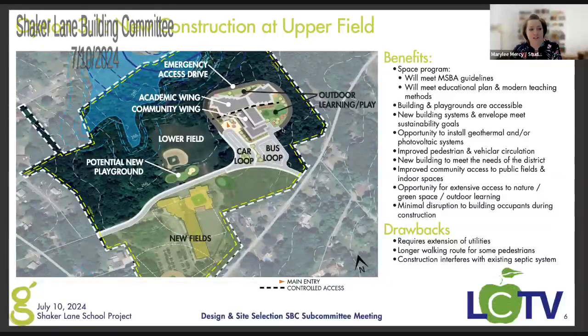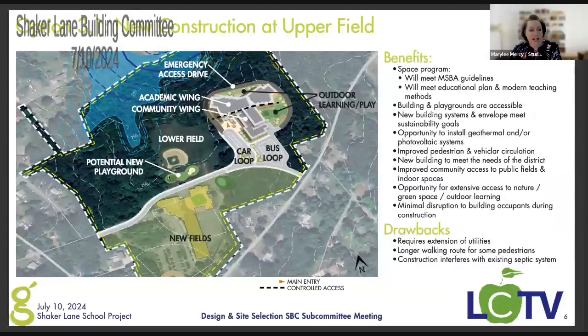All of these new construction options have a separate bus and car loop. We'll make sure that there is enough parking spaces for everybody. One thing about this option is that everything along this dashed black line to the south is available for community use. So we've got all of this new fields or new recreational space available for the town.